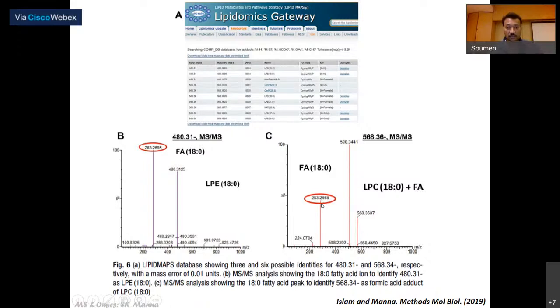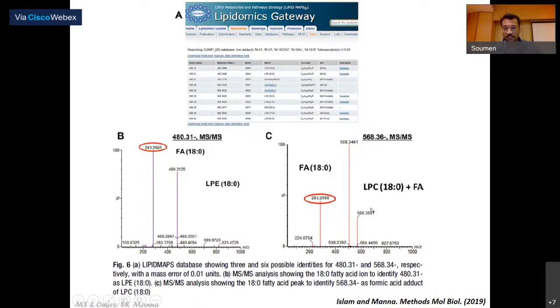Similarly, the similar fragment you can also see in LPC. If you see in negative mode, as we have discussed, LPC also comes in negative mode as a formic acid adduct, and there also you will see this. So therefore, looking for the fragments and the side chain, and here you can see for LPC that we discussed, the phosphocholines will give a neutral loss of 60 from the formic acid adduct.